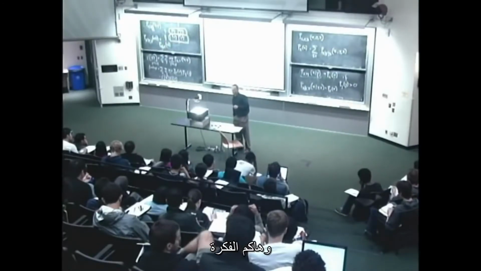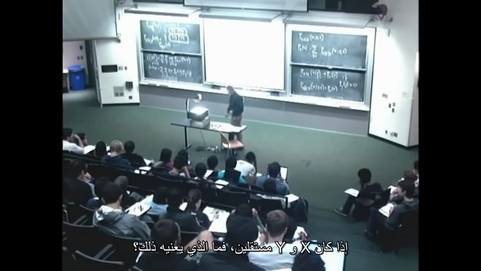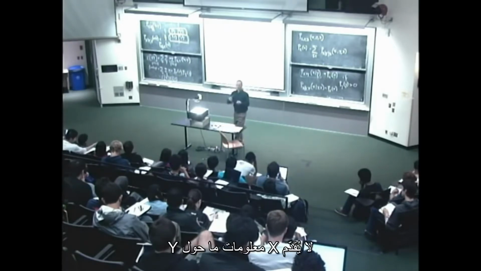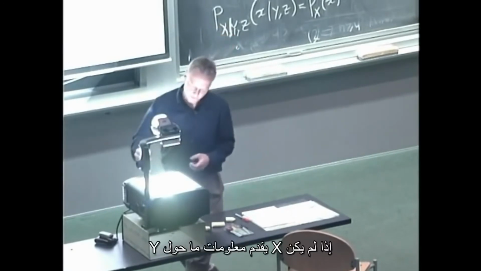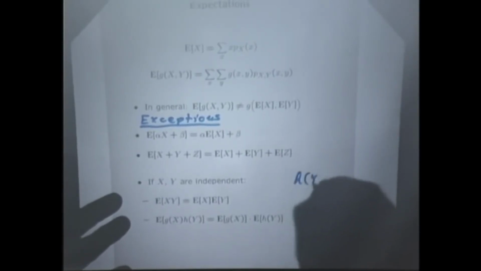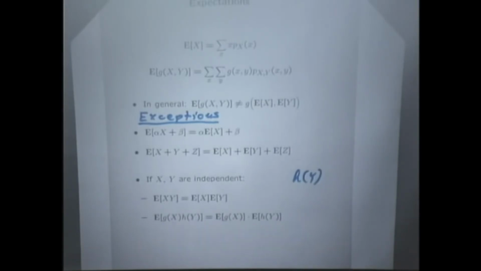And here's the idea. If x and y are independent, what does it mean? X does not convey any information about y. If x conveys no information about y, does x convey information about h of y? No. If x tells me nothing about y, nothing new, it shouldn't tell me anything about h of y.